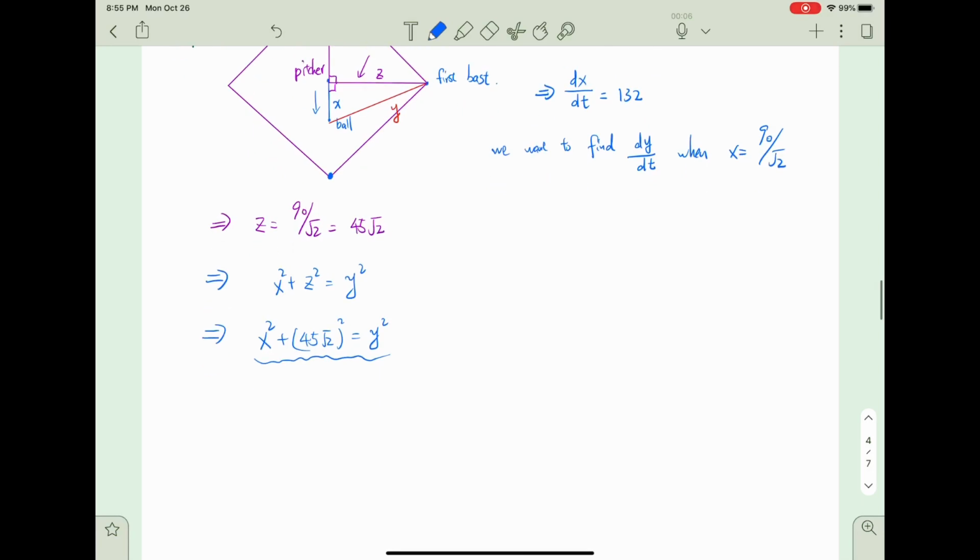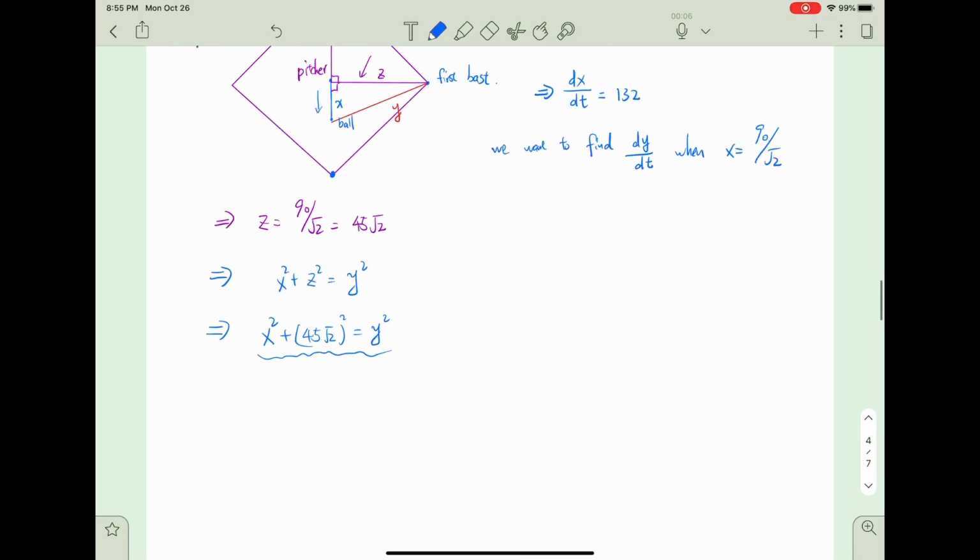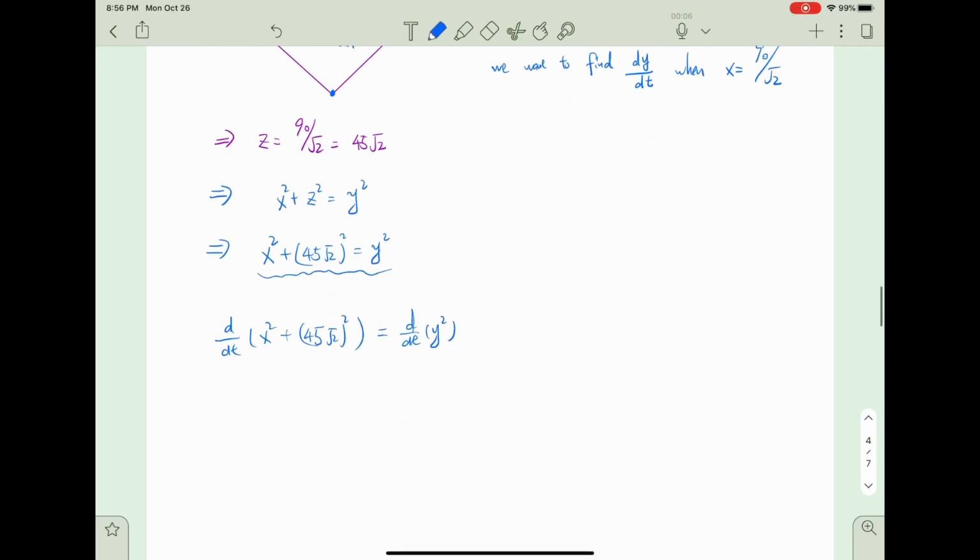We take d over dt of the left side, as well as the right side. Applying the chain rule, it's 2x times dx/dt.